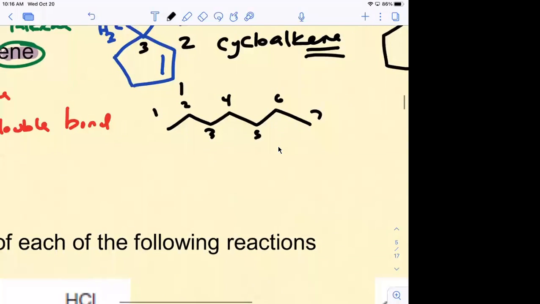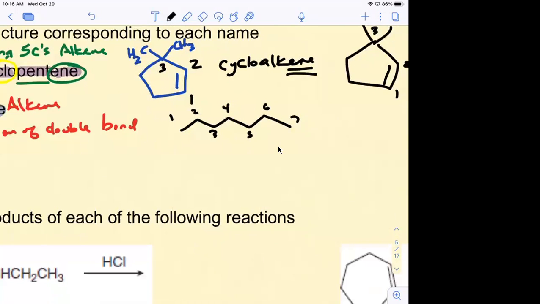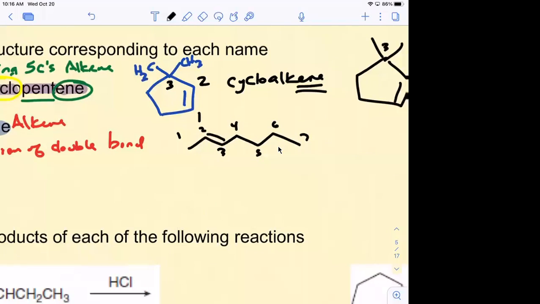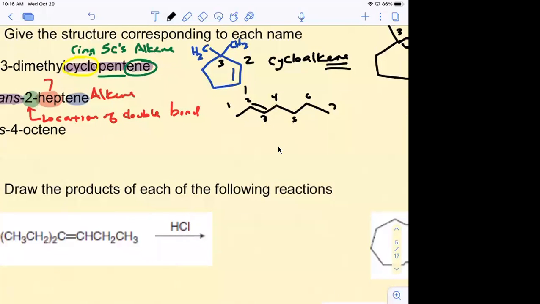All right, where am I going to put my double bond? Would it be between 2 and 3? Between 2 and 3, because this is 2-heptene. So remember, the location of my double bond is going to have the lowest number, but it's going to be between 2 carbons.